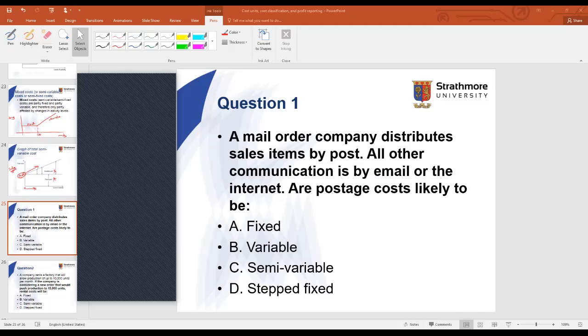Do you pay a fixed cost for it? Hannah? Is there any cost you incur for the maintenance of your post office address, more or less?